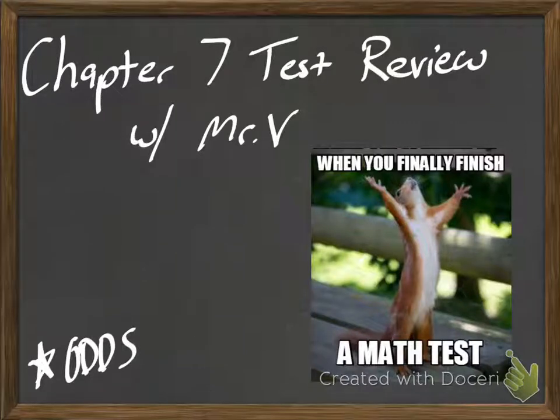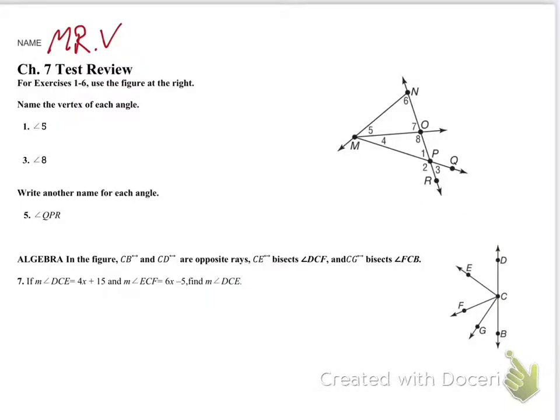This is the Chapter 7 test review, and I am going to be doing the odds. Alright, so for the first one and the third one, name the vertex of each angle. So the vertex of angle 5, right there.